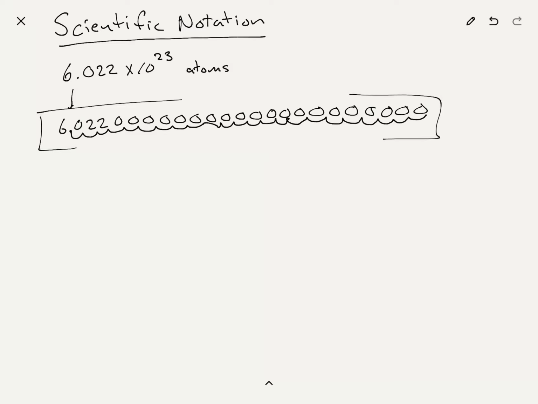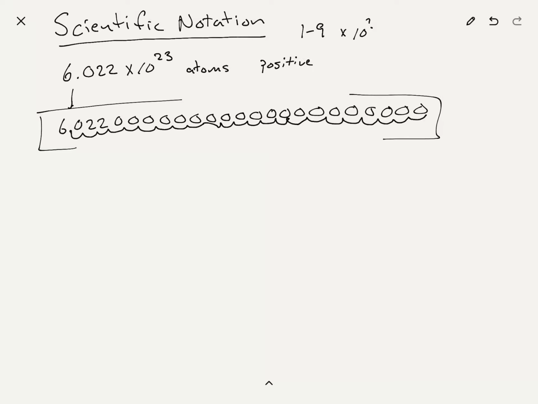As you can see, it's a very large number, and it's just easier to manage when you've got the exponent, the times 10 to the 23rd. A couple basic rules for scientific notation: it should be a number between 1 and 9, and then times 10 to some power.